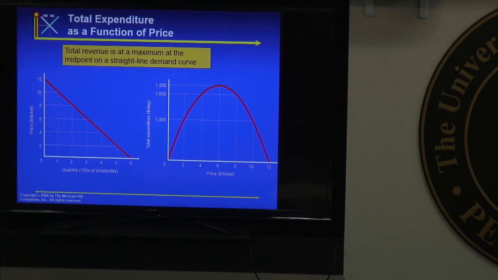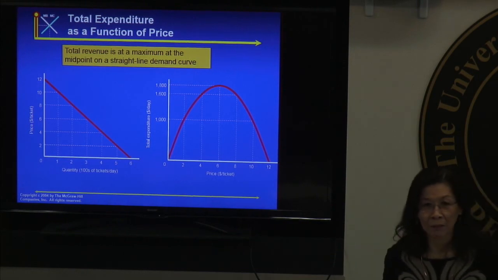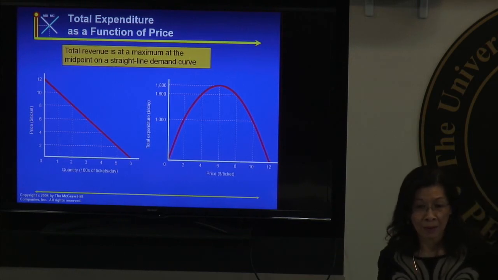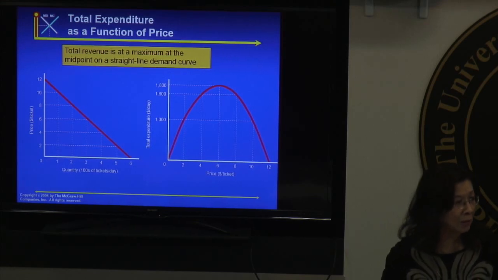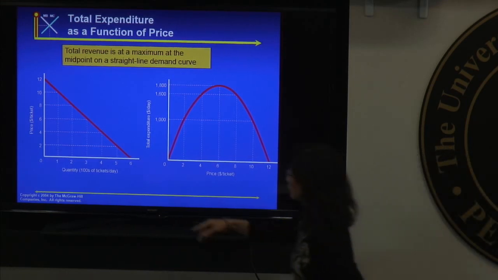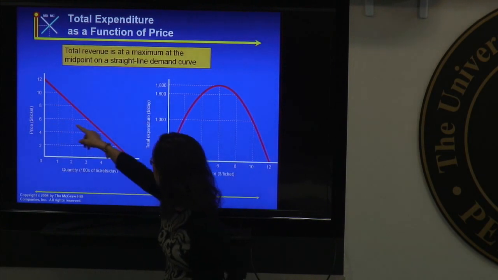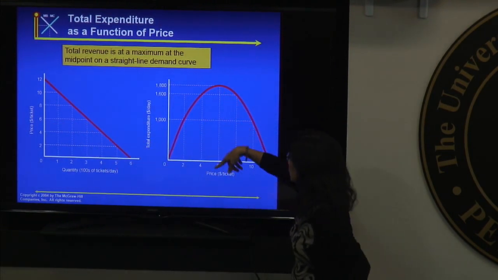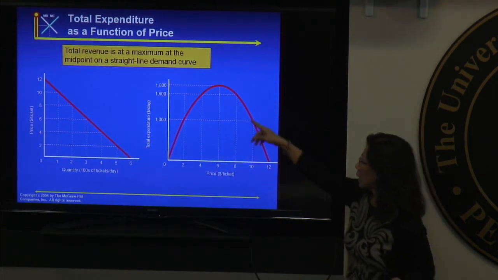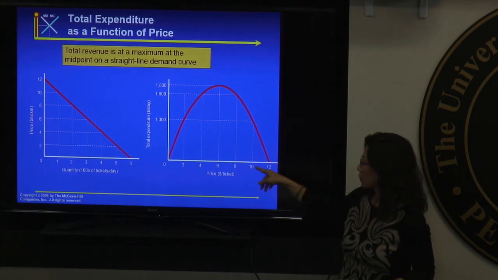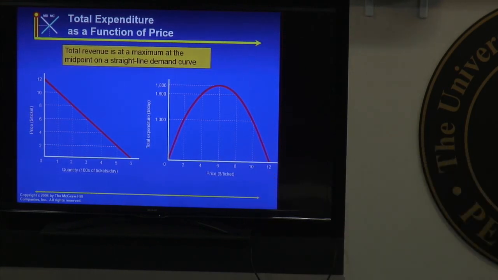And then you reach the max, which is the top part of that inverted U shape, which is your midpoint, right? Which is $3 times, as I said earlier, $3 times 600. So then you got 1,800 there. And then after that, it comes down. Let's see if that's true, because see, $8 here.